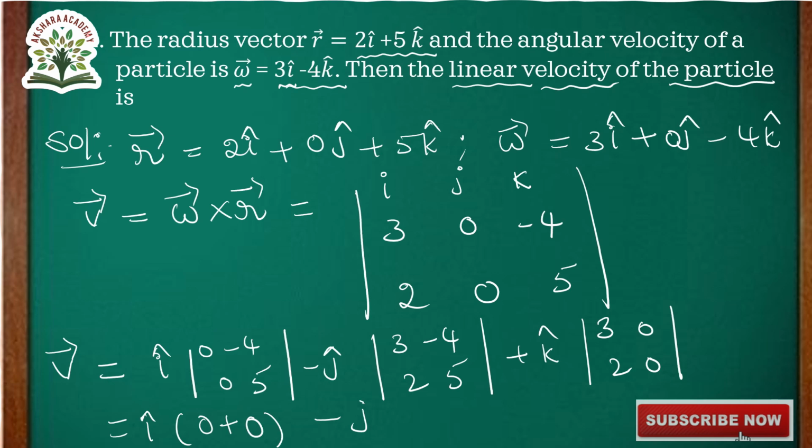Minus j cap of 5 threes are 15, minus 4 twos are 8, minus of minus 8 gives plus 8, plus k cap of 3 into 0, 0, minus 2 into 0, 0. So that is equal to i 0 plus 0, 0 into i cap, and again 15 plus 8, 23 j cap, so minus 23 j cap.